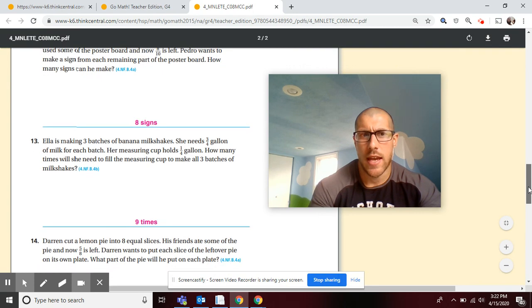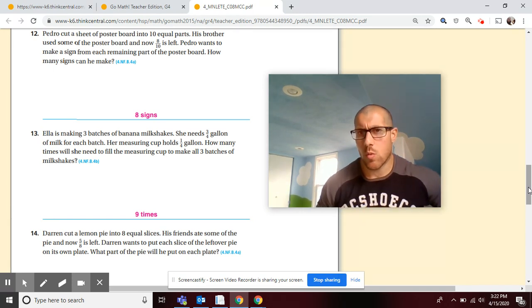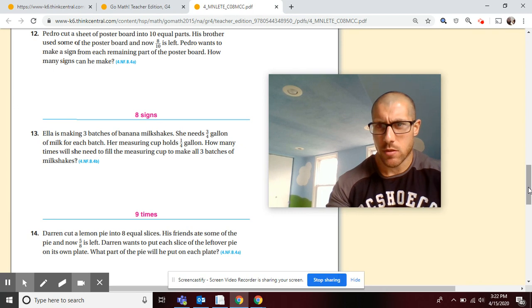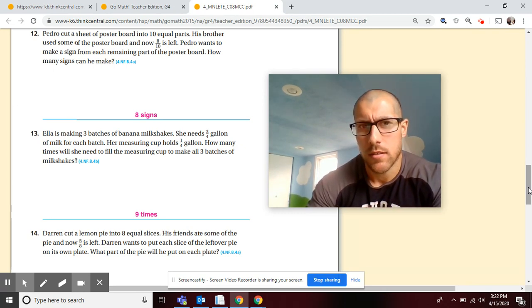Number 13, Ella's making 3 batches of banana milkshakes. She needs 3/4 gallon of milk for each batch. Her cup only holds 1/4 gallon. How many times will she need to fill the measuring cup to make all 3 batches? Oh, well, she needs 3 batches. That means 3/4 times 3. 3/4 times 3/1 would be 9/4.